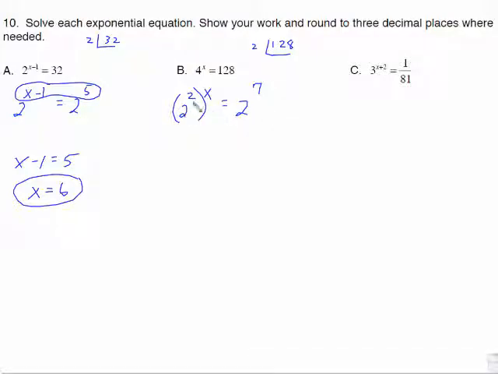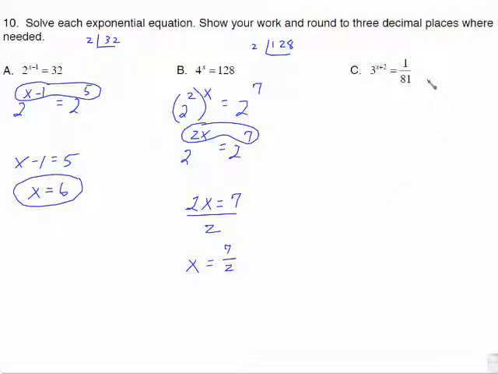Now, exponent law, 2 to the 2nd raised to the x power is just 2 to the 2x equals 2 to the 7th. These two expressions are equal, the bases are equal, therefore the exponents must be equal, and all you have to solve is 2x equals 7, divide by 2, and x is either the fraction 7/2 or the decimal 3.5.